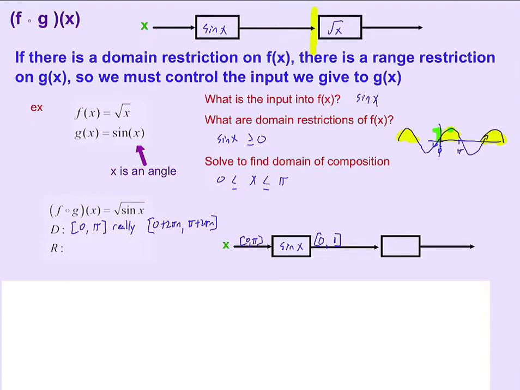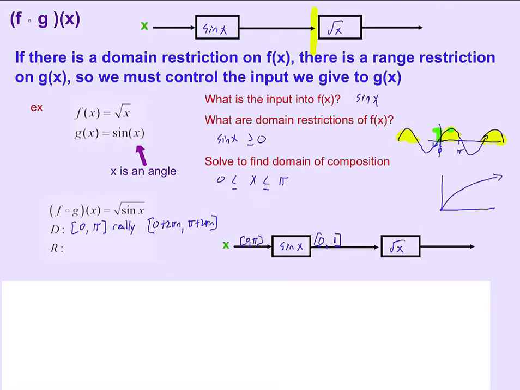So I plugged numbers between 0 and pi into sine, and I got out numbers between 0 and 1. And I take those numbers and I plug them into a square root graph. And this is where, again, it's very helpful to have that parent function in your mind. This is what the square root of x looks like.